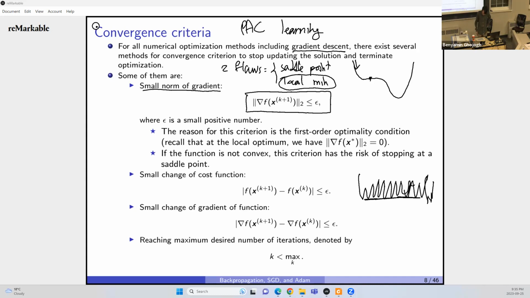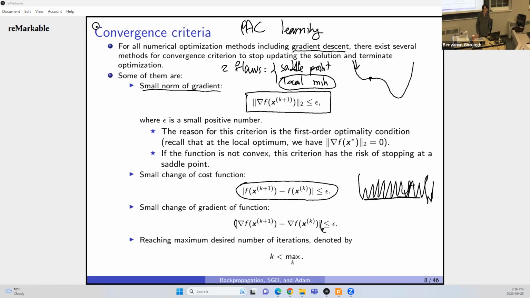Okay. So what were we saying? Another convergence criterion is when the difference of the costs doesn't change much. Another one is when the L2 norm of the difference of gradients is less than epsilon.